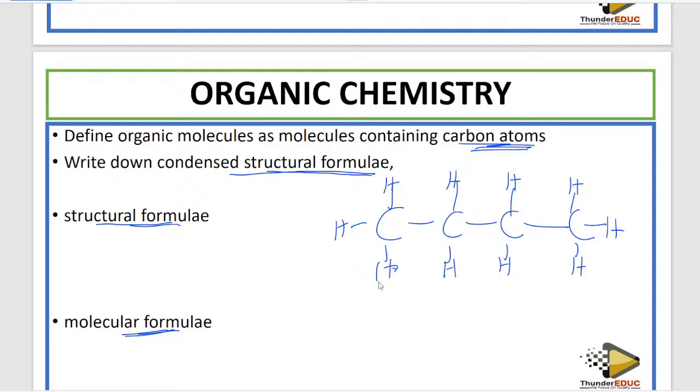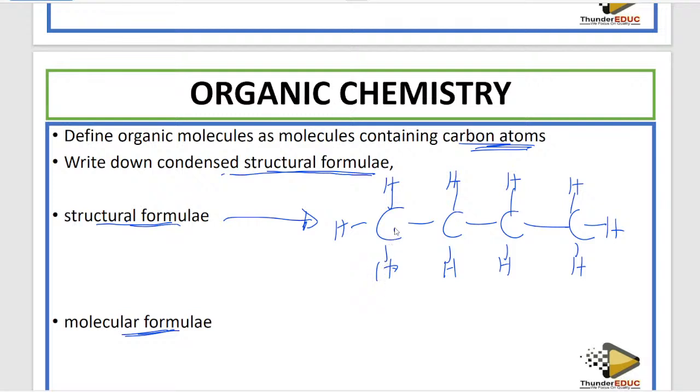What you see here is what is called a structure formula. But what if they ask you to write the condensed structure formula? What do you do there? You have to count how many hydrogens are on each carbon atom.